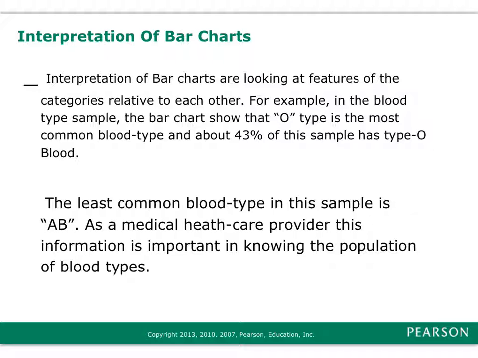For example, in the blood type sample, the bar chart shows that the O type is the most common blood type, and about 43% of the sample of the population has O blood in this hospital setting. The least common blood type in this sample is AB blood. As a medical health care provider, this information is important in knowing the population of blood types, especially if you are in the hospital setting.